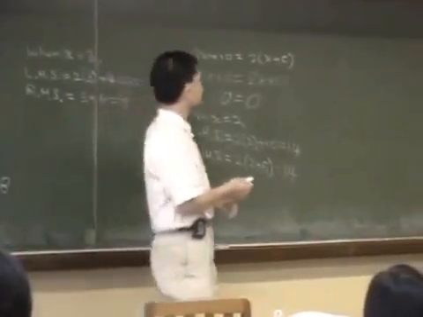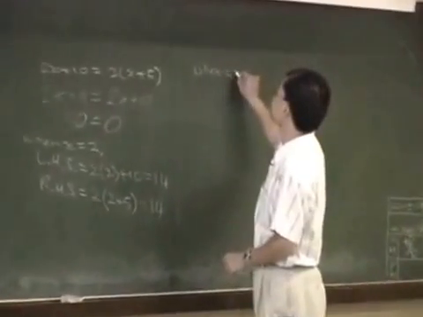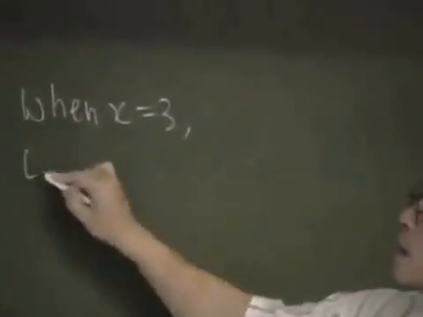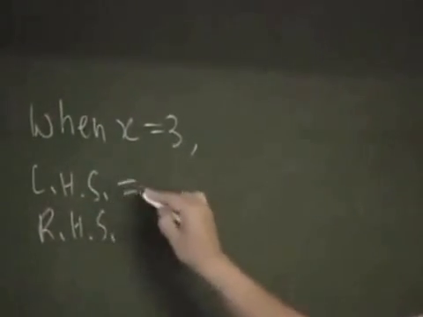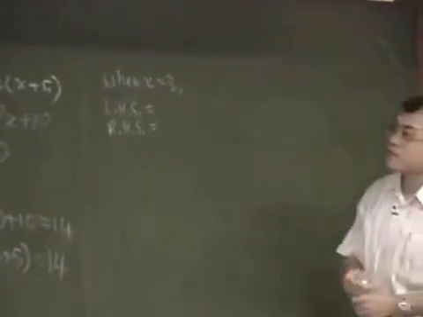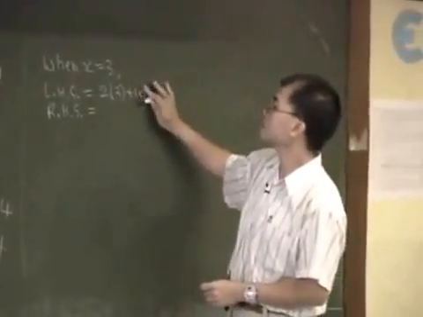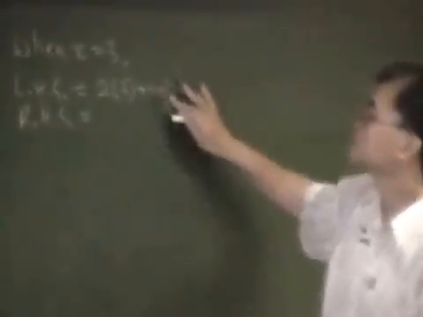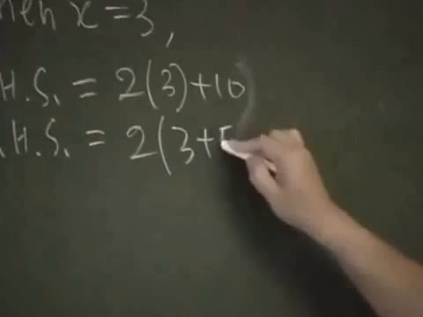How about 3? When x equals 3, of course, both the left hand side and right hand side values will change. On the left hand side, it is 2x plus 10, and on the right hand side, it is 2 times x plus 5.